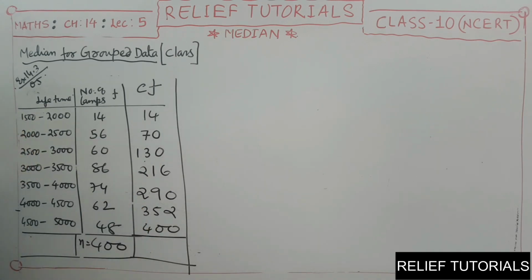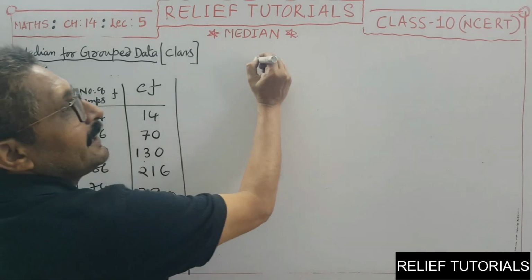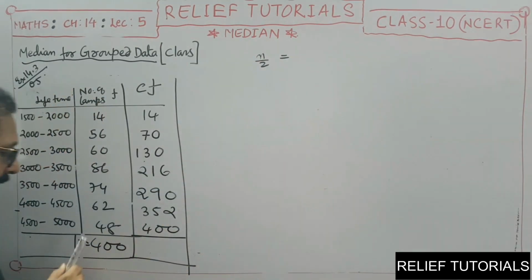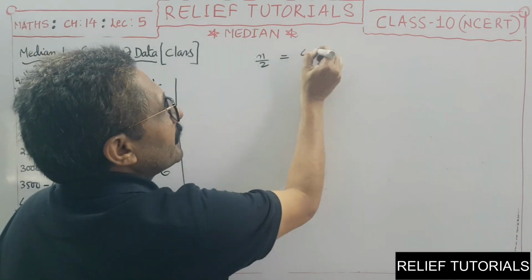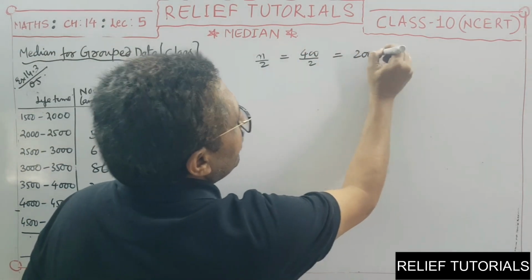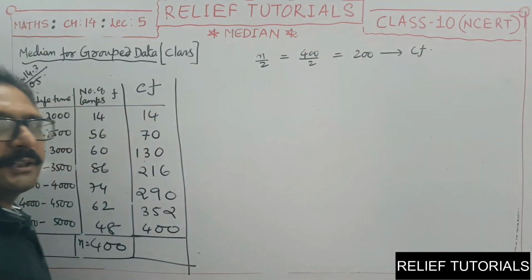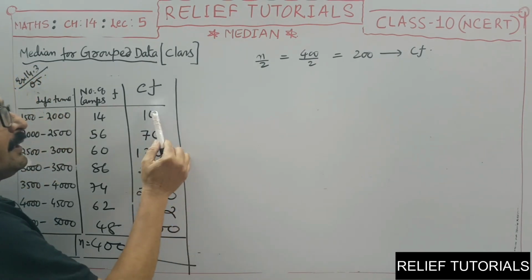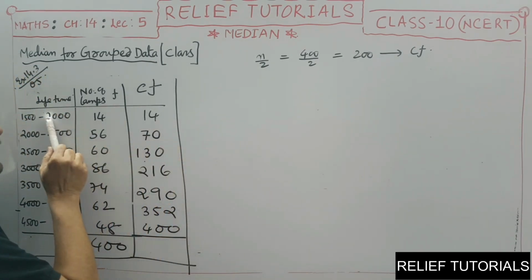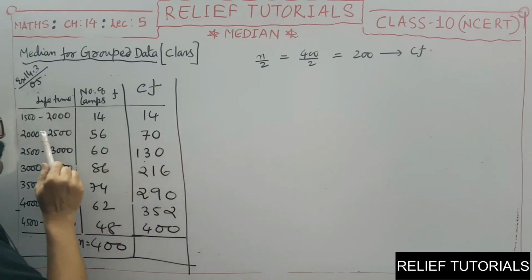Okay, now we want to find median. So first you have to find median class. Median means middlemost observation. So what will you do here? Here you will find n by 2. So n is equal to 400, so you will find 400 by 2, that is equal to 200. This you will see against cumulative frequency. So 1 to 14 you have this class. From 15 to 70 you have this class.